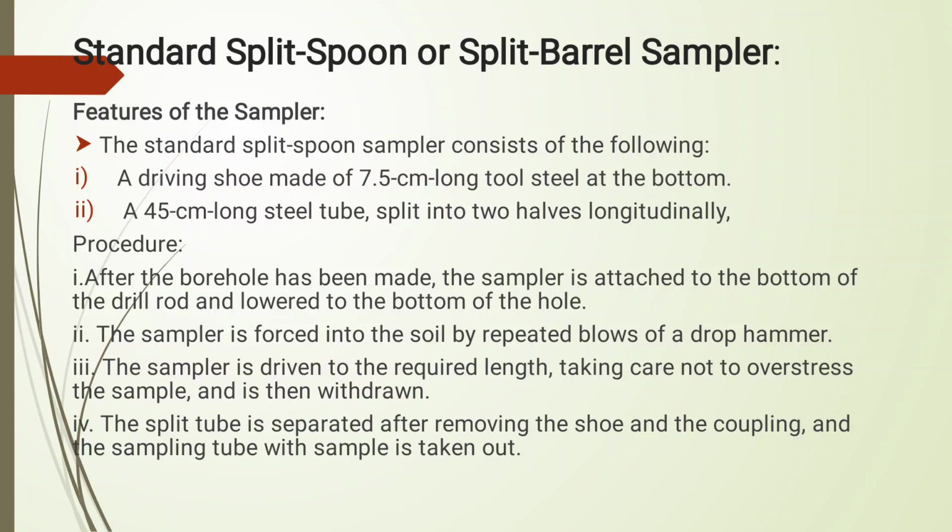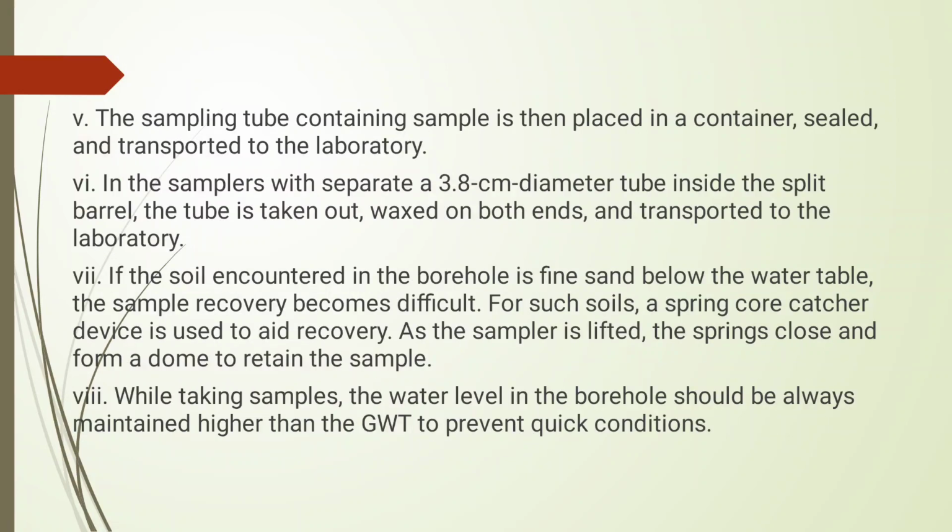Here the procedure is: after the borehole is made, the sampler is attached at the bottom of the drilling rod and it is driven into the soil to the required depth. The split tube is separated after removing the driving shoe. The coupling, soil and the tube are taken out.